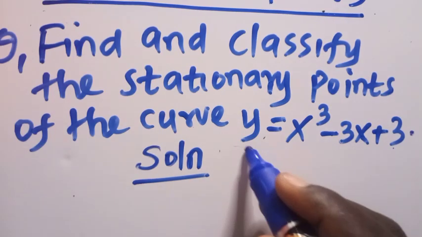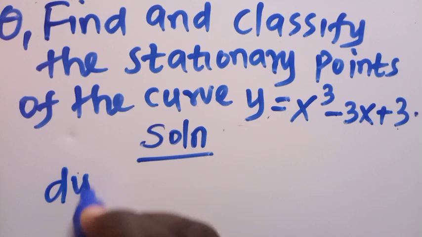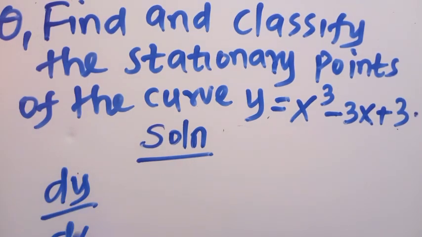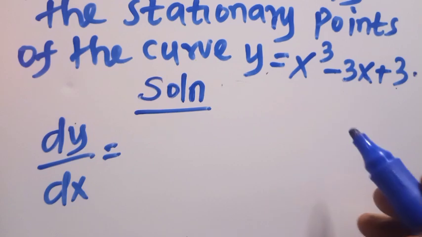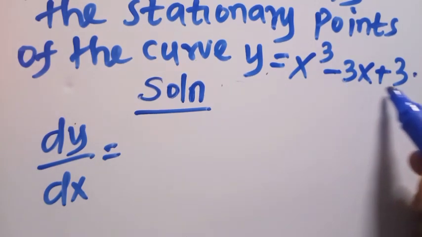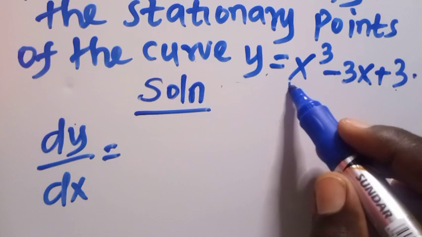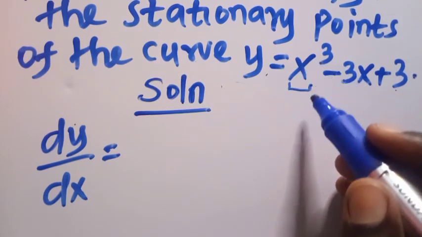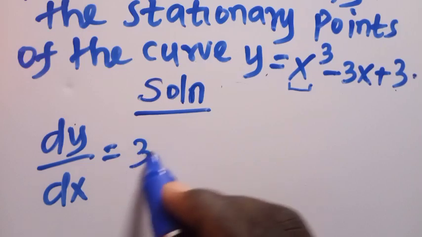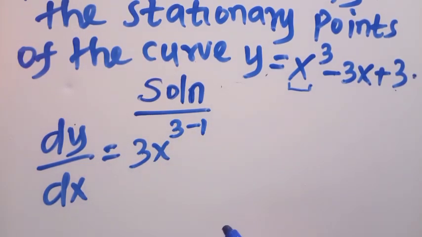Now, we need to find the gradient function first. dy over dx will be, if we differentiate this polynomial, the first term is x cubed. If we differentiate x cubed, we shall have 3x raised to 3 less 1.